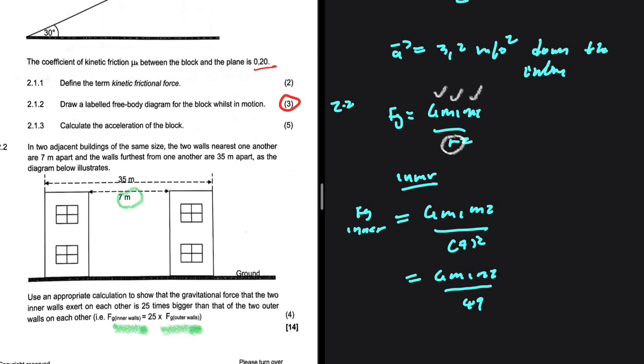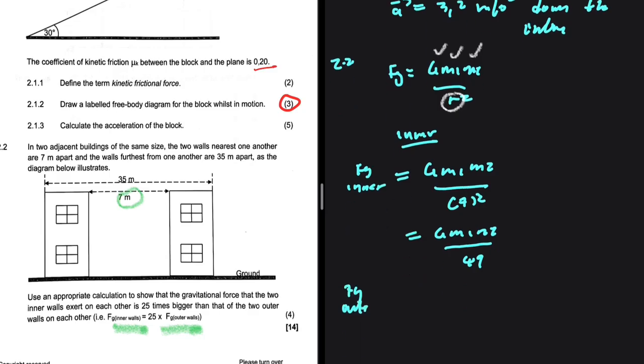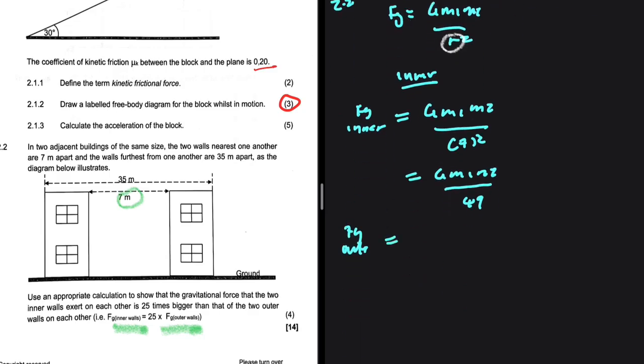Now we can go ahead and set up the same equation, but now for the outer walls. The outer walls are 35 meters apart from each other. So we're going to have Fg of the outer walls being equal to G m1 m2 divided by 35 squared.